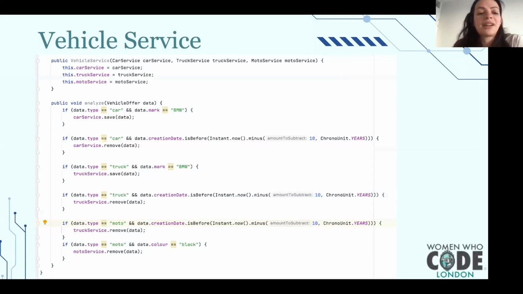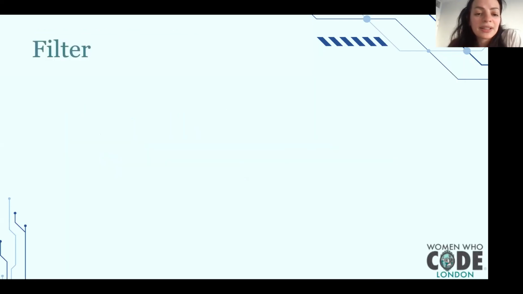If it's a car and this offer was created 10 years ago, then we delete it. If it's a truck and the creation date of this offer is, for example, 5 years ago, then we remove it. And for motor, for example, 3 years ago. Or you can play with your numbers as you want.